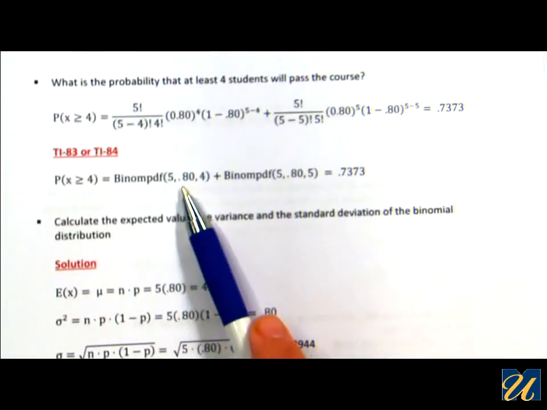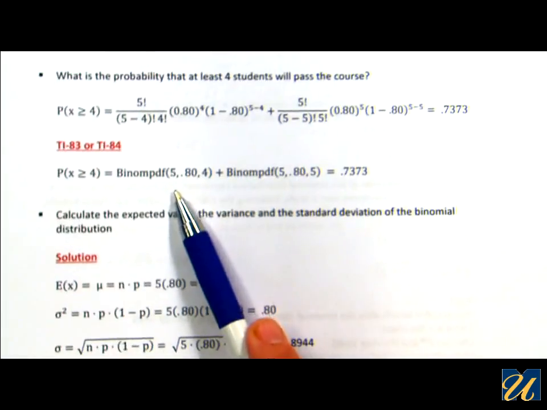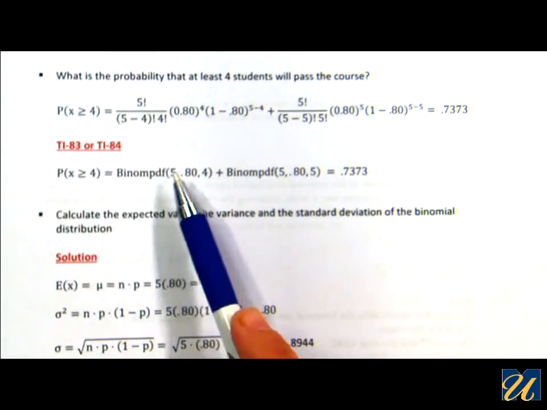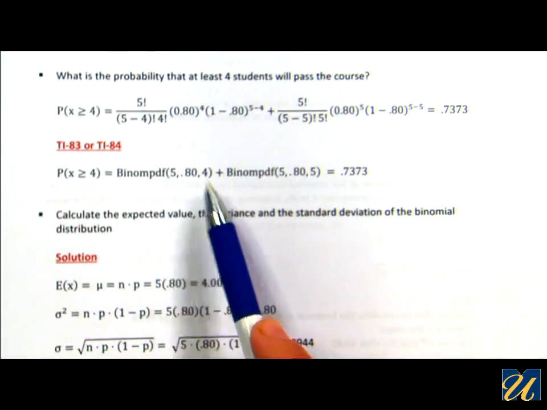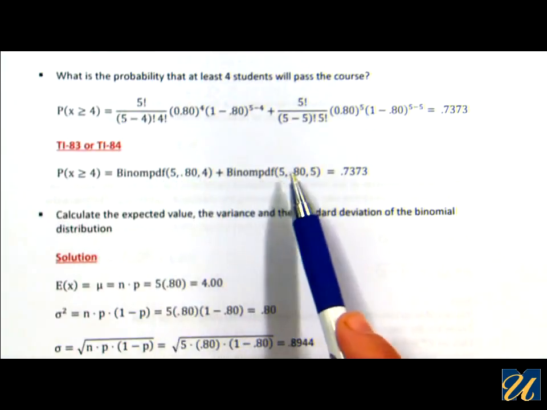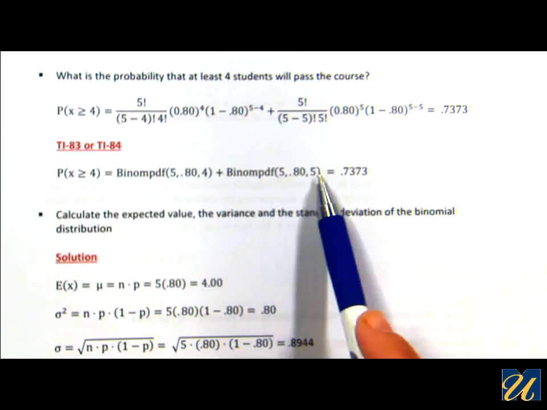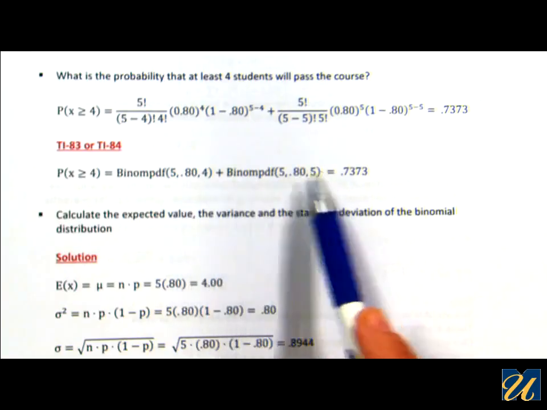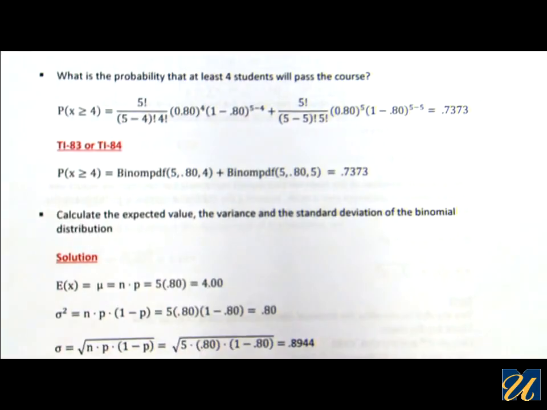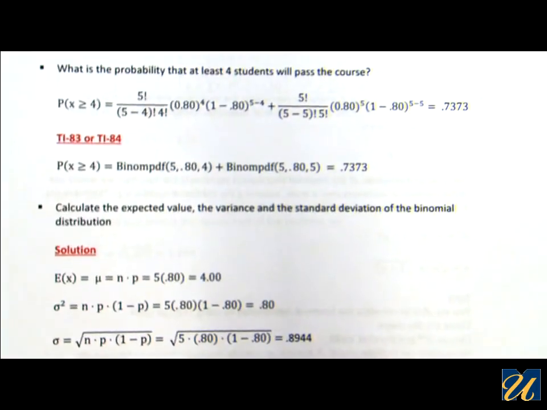If you were to use your graphing calculator, you would do binomial PDF 5, 0.8, 4, plus binomial PDF. n and p do not change. The only thing that changes is your x. You add them, you can do it all at once, and get 0.7373 for the probability.